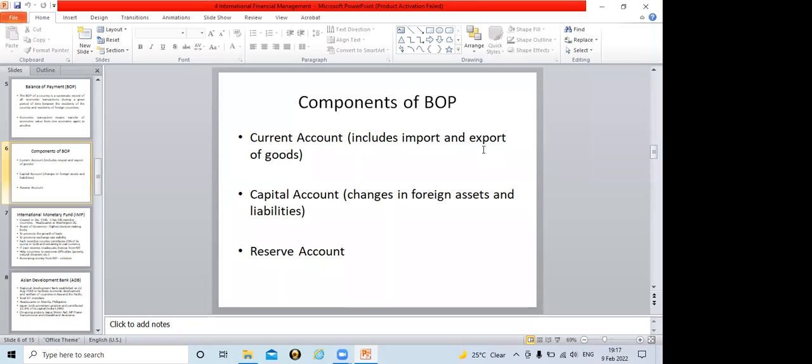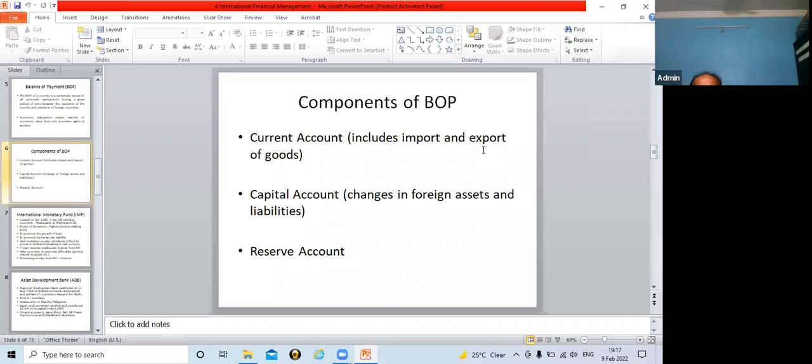More export. So if there is more export, there will be a surplus BOP, and if there is more import, then there will be a deficit BOP. So whenever you hear news that there is a deficit BOP, it is a little bit of worry for the Indian economy.